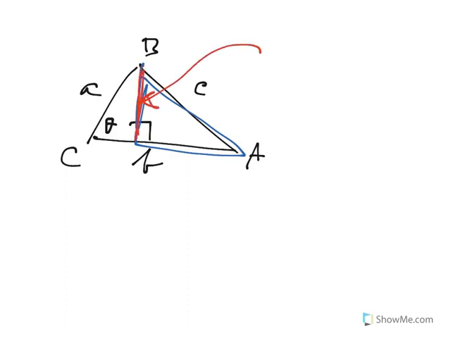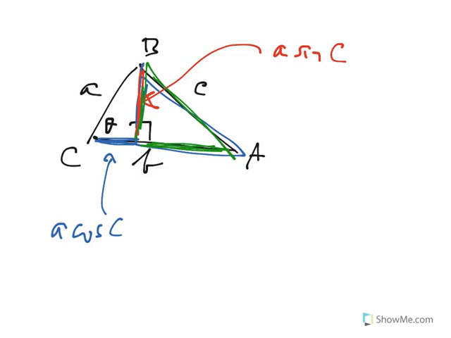This vertical side would be a sine C, whereas this adjacent side would be a cosine C. That makes this side of this green right triangle to be b minus a cosine C. And the upright side from that is still a sine C.